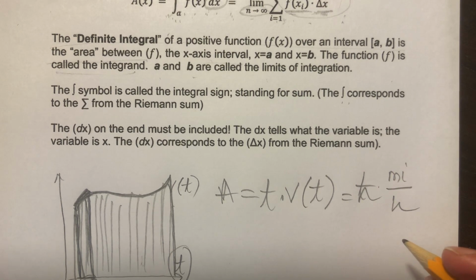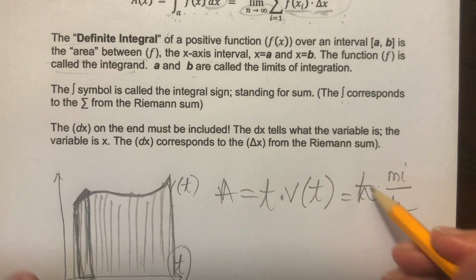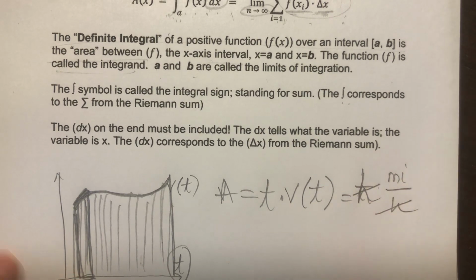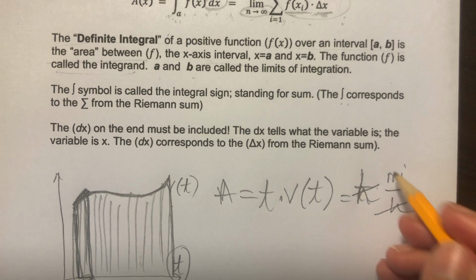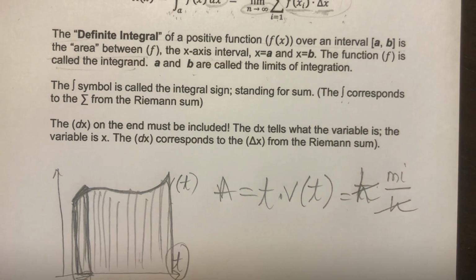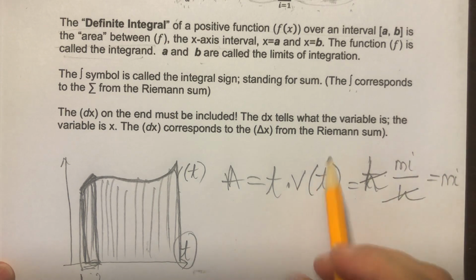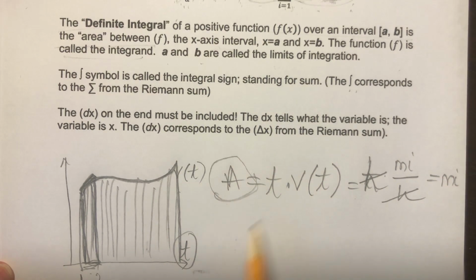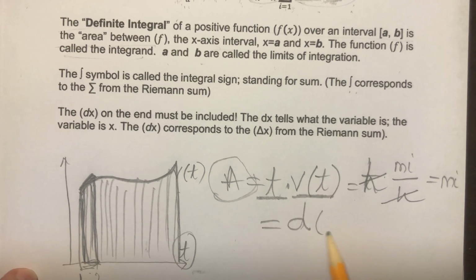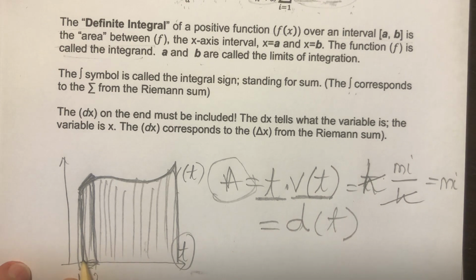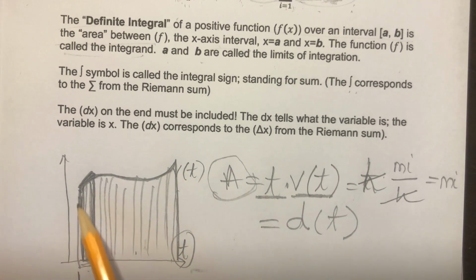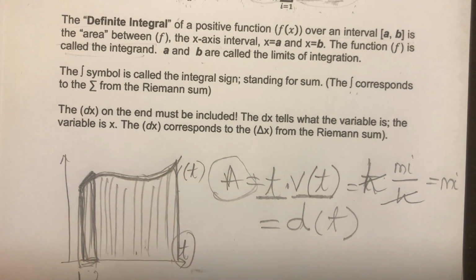Velocity is miles per hour, and time is hours. So if you multiply miles per hour times how many hours you've been driving, what you get is miles. So the area under this curve is really time times rate, which is nothing else but distance: how far you got within this period of time if you were driving at these speeds.